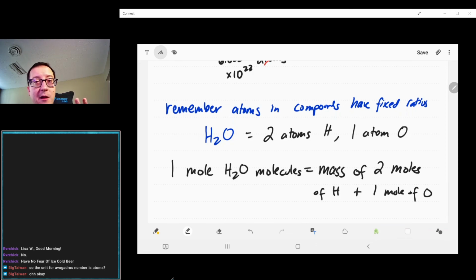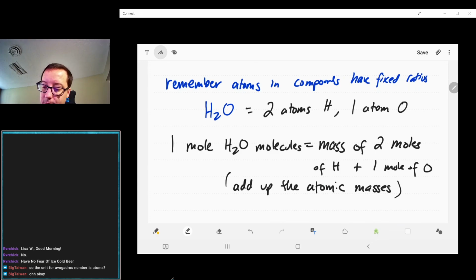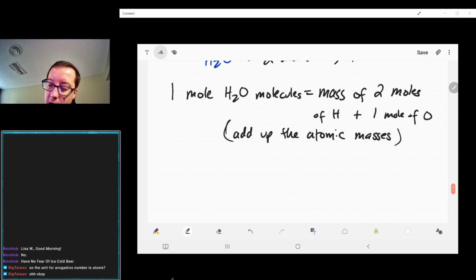If every water molecule has 2 hydrogens, 1 oxygen, a dozen water molecules would have 2 dozen hydrogens, 1 dozen oxygen. A mole of water molecules would have 2 moles of hydrogen, 1 mole of oxygen. And so we can see that we can add up the atomic masses of these. And we're going to see that this is what's called the molecular mass.